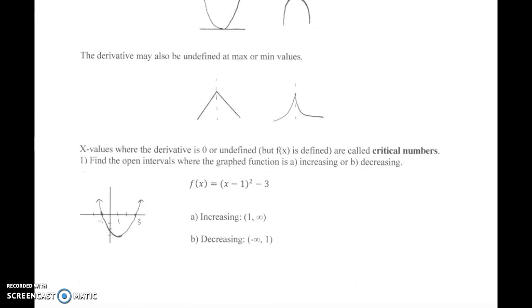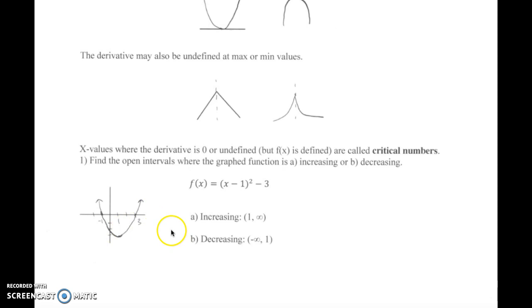Here we have an example of a quadratic function in the h-k format that you may have seen in college algebra. This is a parabolic function where we have a vertex of (1, -3), as we can tell from the actual function. So this is a parabola that goes down, has a lowest point at (1, -3), and then goes back up.